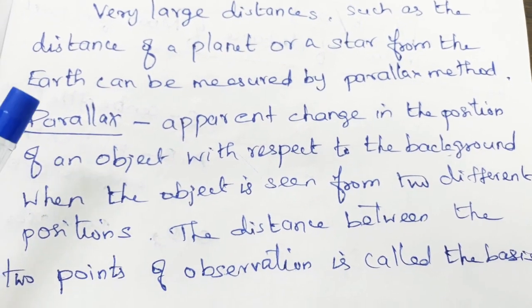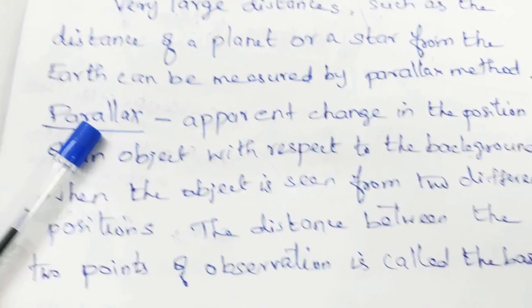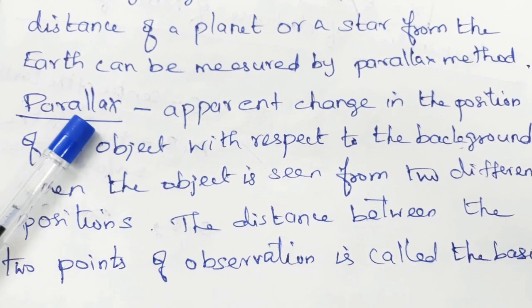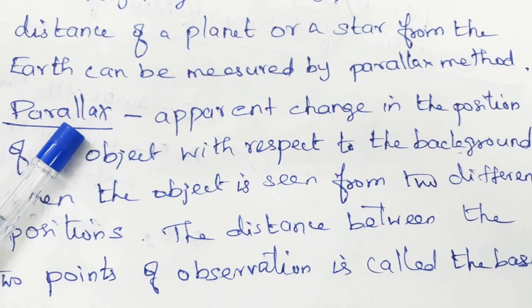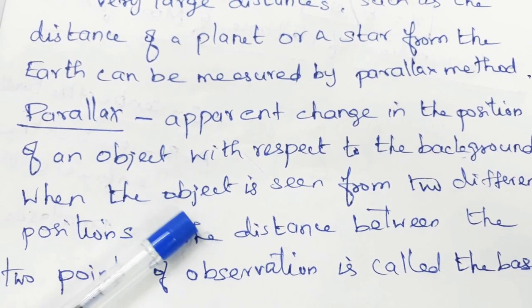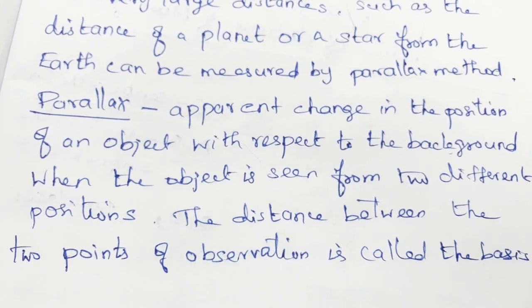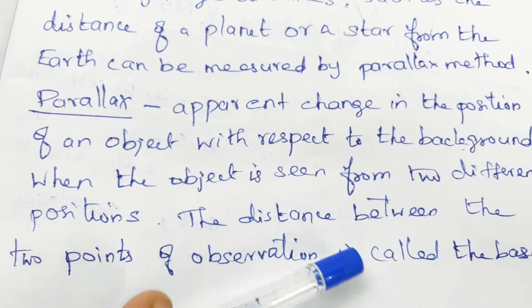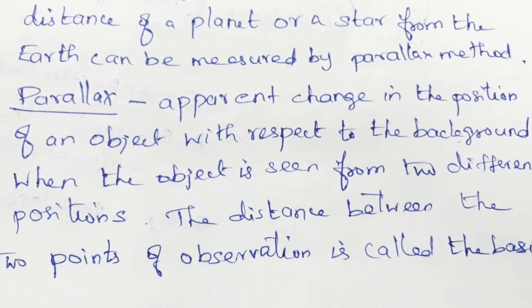That is, parallax is measured in terms of a shift in position. The distance between the two points of observation, here the distance between the left eye and the right eye, is called the basis.